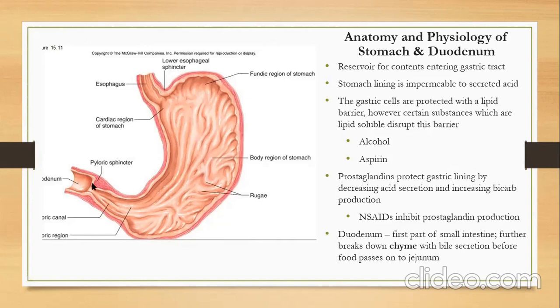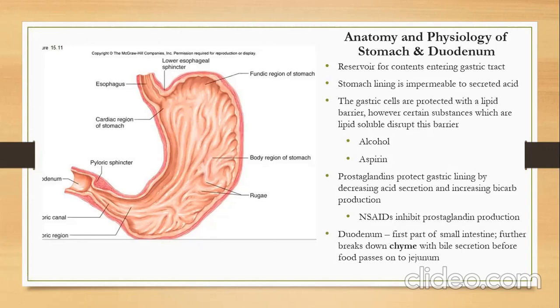And then from there, the pyloric sphincter opens up at the end of the stomach, so you've got a sphincter for the opening here and a sphincter at the end, just like the esophagus has an upper esophageal sphincter and a lower esophageal sphincter. That sphincter is going to open up, and then you're going to be at the duodenum, which is the first part of the small intestine. Okay.